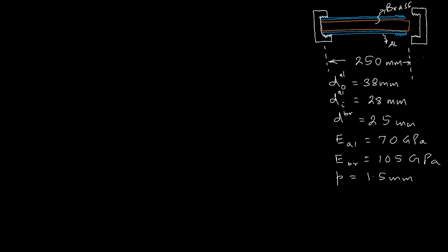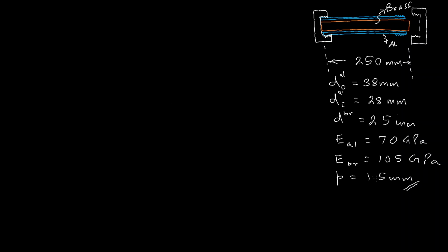And it's given that the pitch of that thread is 1.5 millimeter. That means if we turn a complete cycle, it will move axially by 1.5 millimeter. Now it's given in the problem that the gap gets closed once we turn 1/4 of a complete turn.